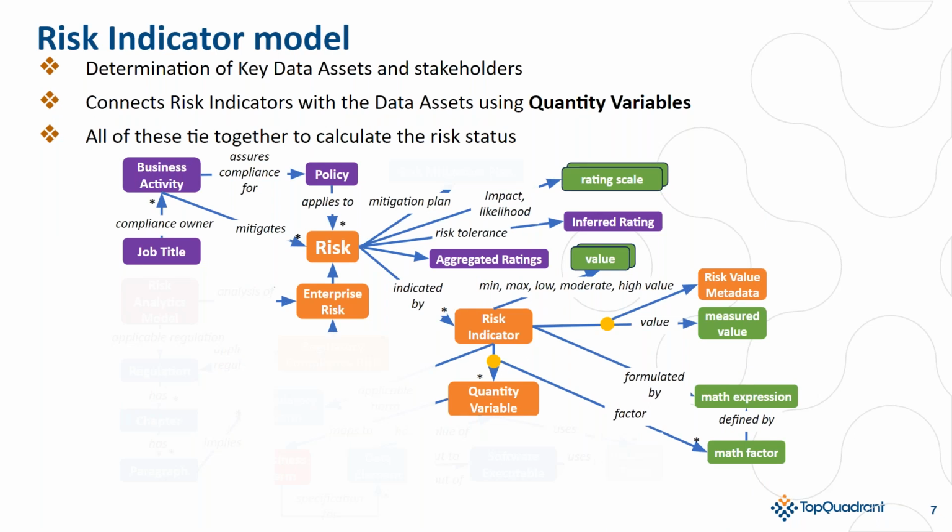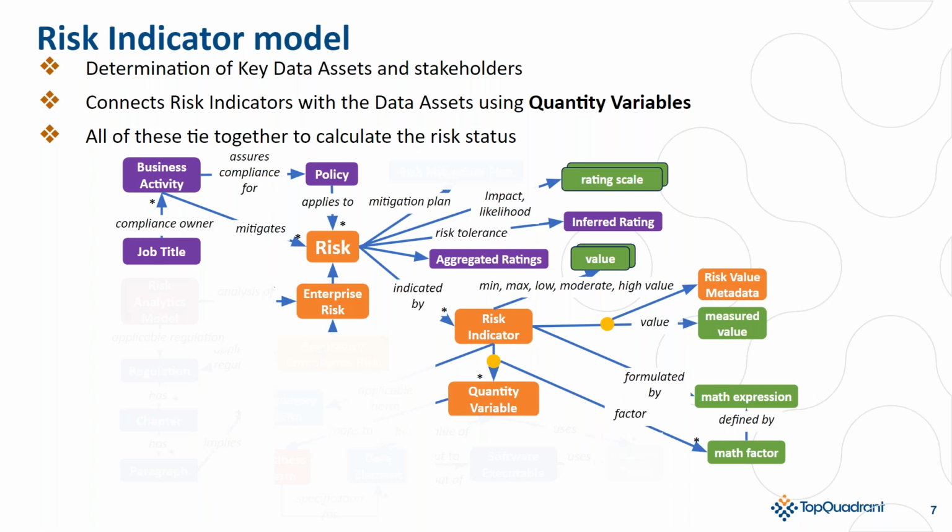Some of what we're going to dive deeper into is this concept of the risk indicator model. As mentioned, there are a number of different elements in play here. First of all, we have this concept of a business activity, and that business activity is mitigating some sort of risk. That business activity is also related to compliance for a policy that we have within our organization, and it has some sort of compliance owner through a job title.